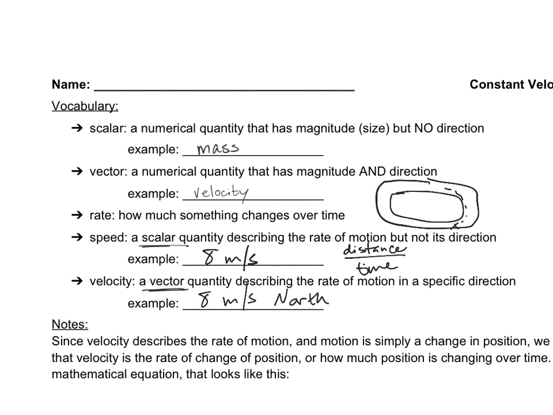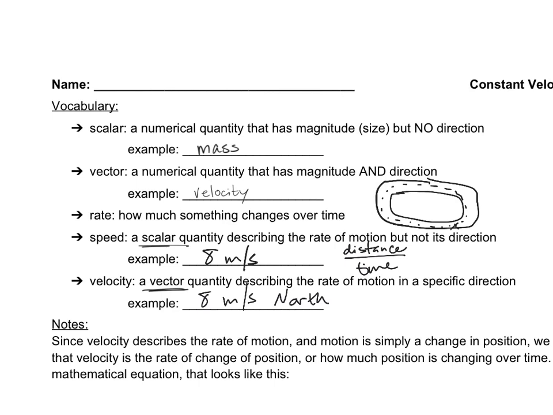You run all the way around, do the 400 meters, and you get back to the same spot. The distance you ran was 400 meters. It's what your body actually felt. It is the path length that you traveled regardless of where you started and ended. It is the total path length. And to get speed, you have that distance over time. And it's a scalar because that distance didn't necessarily have one direction. You could see you turned and changed directions.